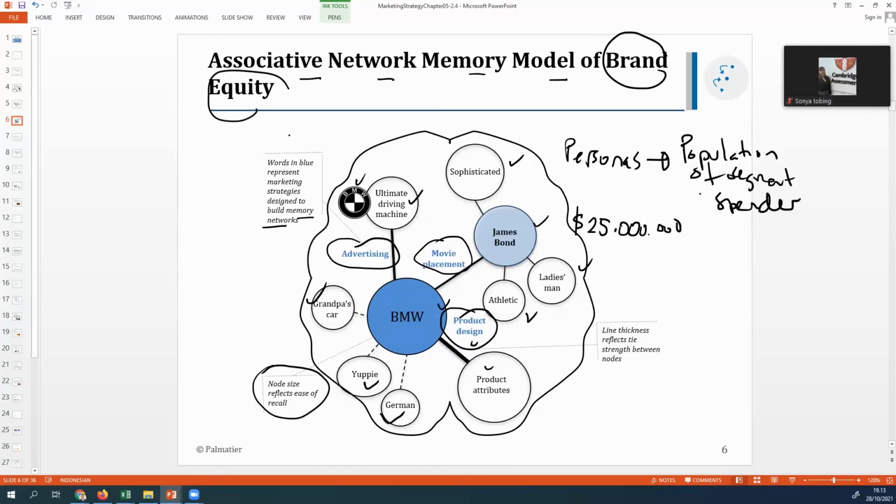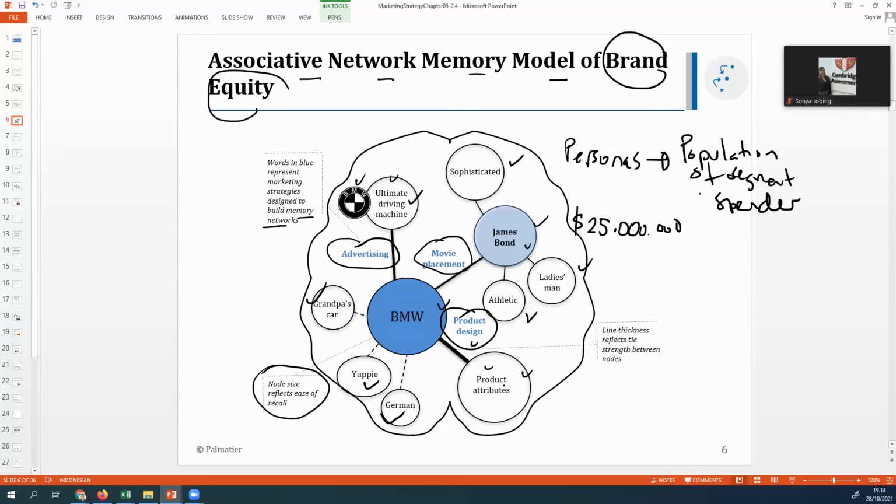The size of the bubble determines the volume, the market size. So James Bond has a big portion, making people interested to buy the BMW rather than the ultimate driving machine. Product attributes supposedly have a higher than James Bond.